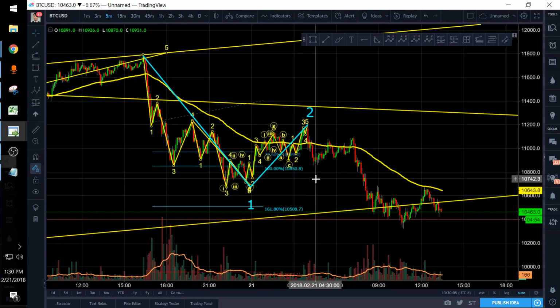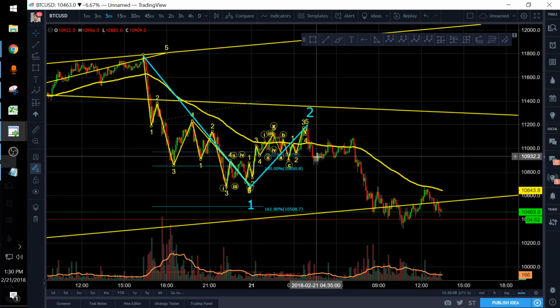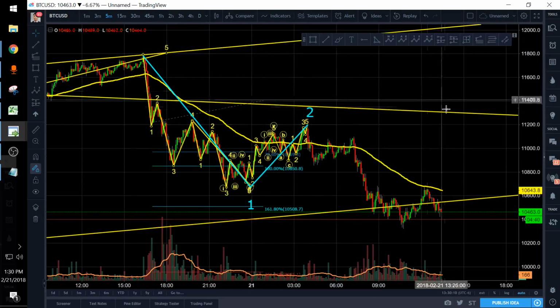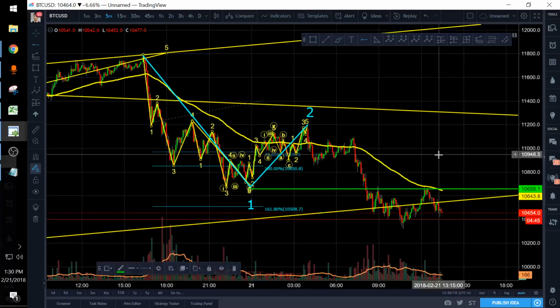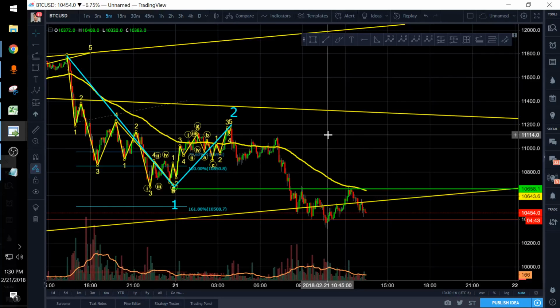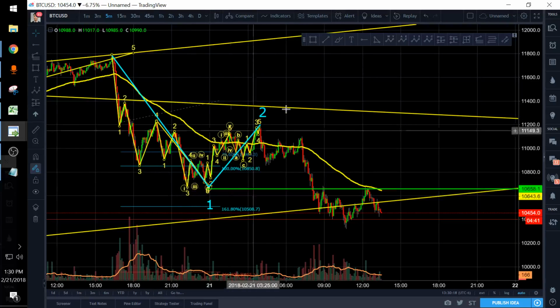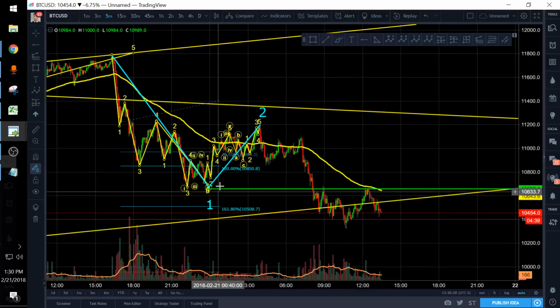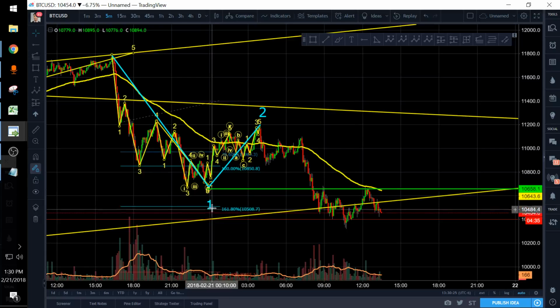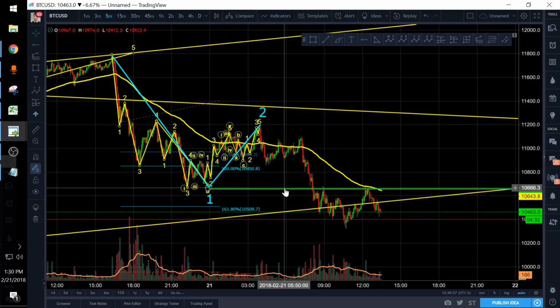We're going to use this as a very hard resistance because we follow the rule, guys, that Elliott waves do not retrace the wave. This one here does not retrace back into the territory of wave 1. And what do you know? It bounces right off of it, literally with precision, right?